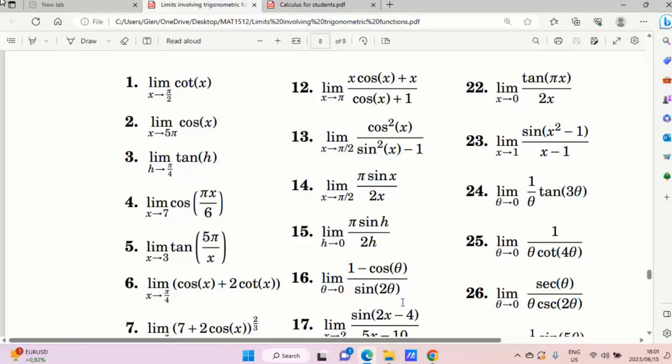I got 2 plus 1 over root 2. Yes, sir. Spusiso, what did you get? I got 1 over root 2 plus 2. Yes, sir.